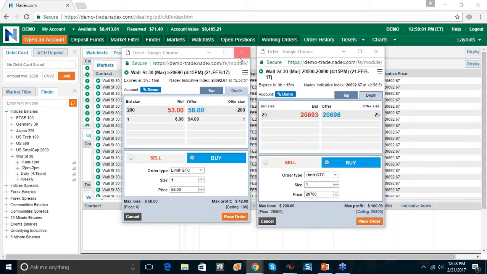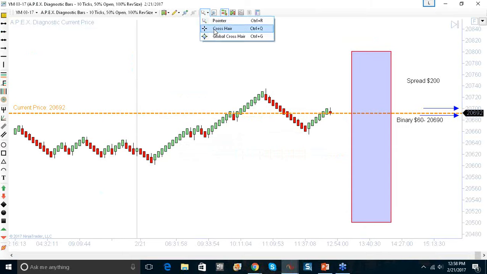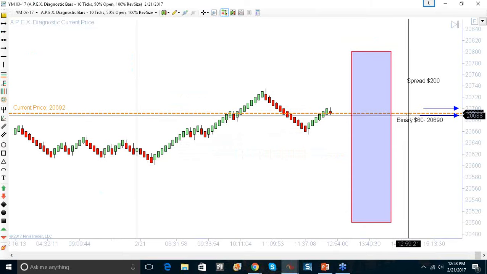So let's take a look at it on the chart, though. Let's look at this in reality. What happens if we hold this to expiration on the binary? Well, I bought the binary at 690, and I put up 60 bucks.